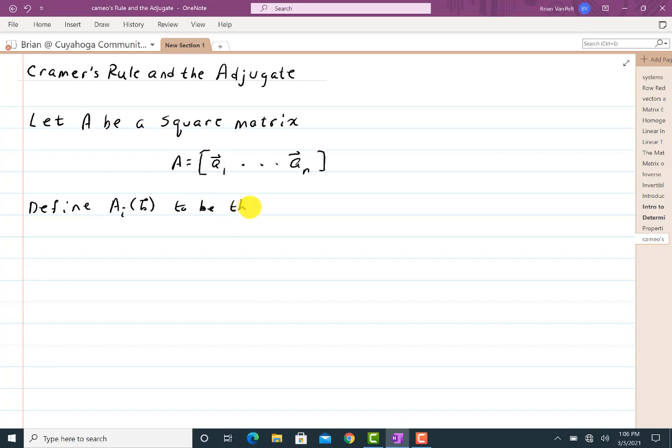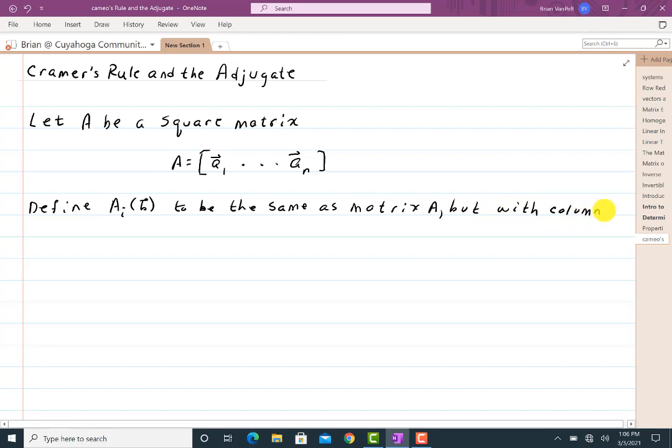Define it to be the same as matrix A, but with column i replaced with the vector b, which is in Rn.